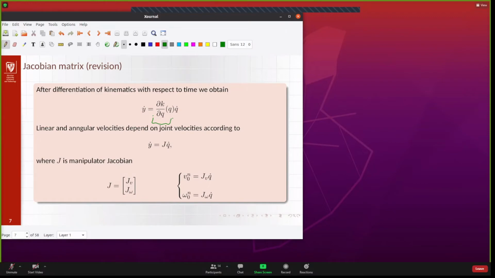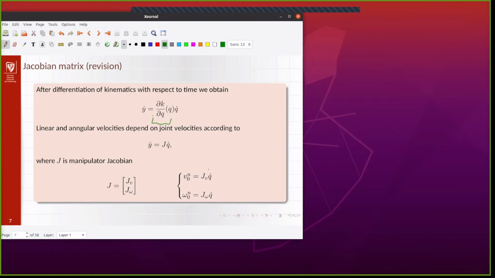And of course we can split the Jacobian into two parts, one related to the linear velocities, and the second related to the angular velocities of the robot or end effector in the task space.